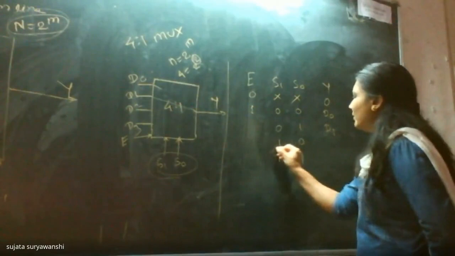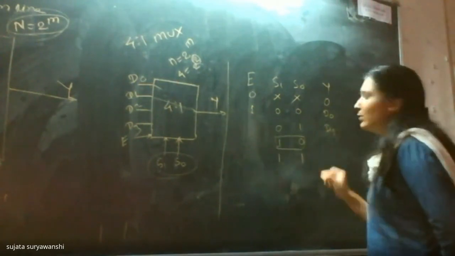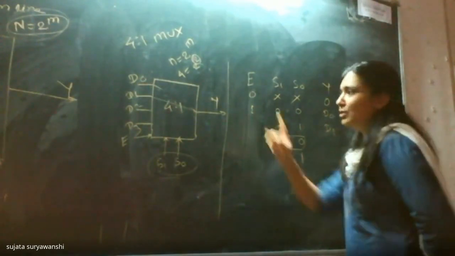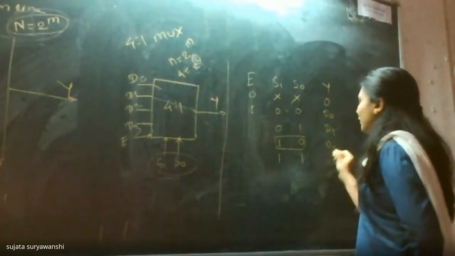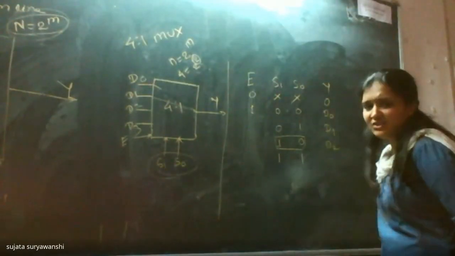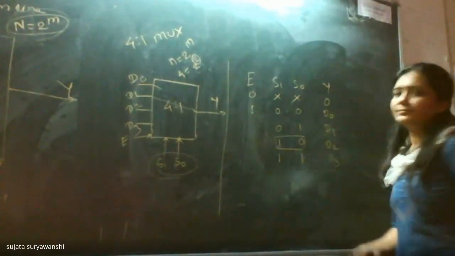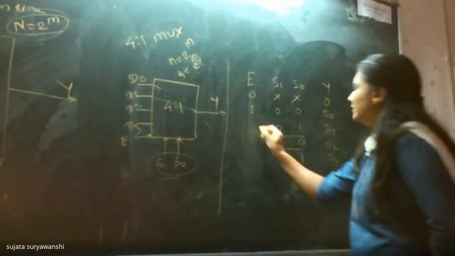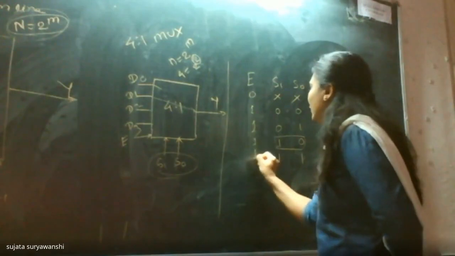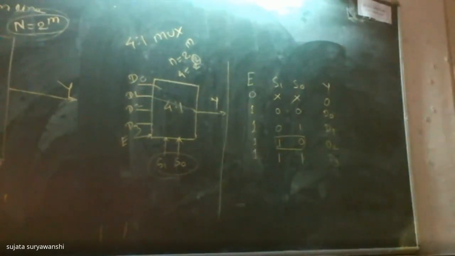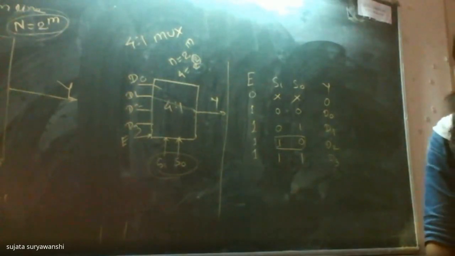For 1, 0, the decimal equivalent is 2, so the output will be D2, and for 1, 1, that is 3, the output will be D3. And for this your E should be connected to 1 only, which means your multiplexer should be in the working condition.